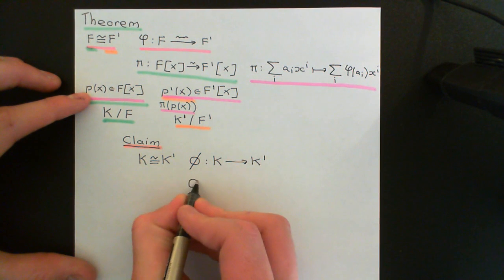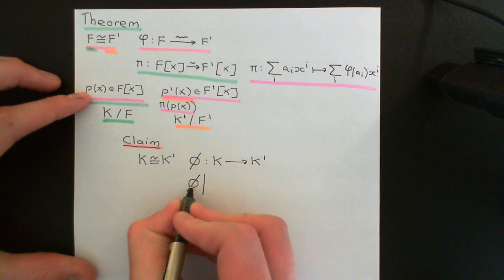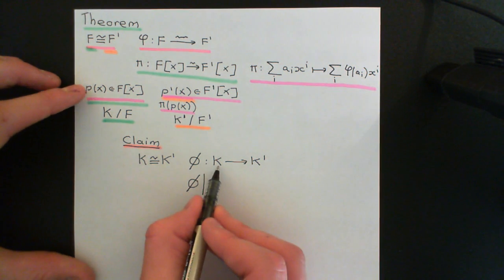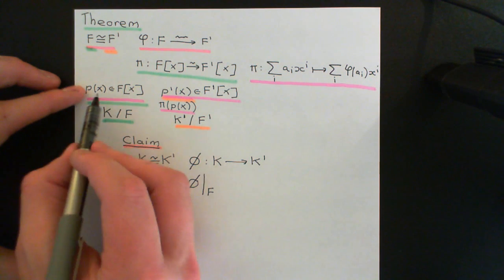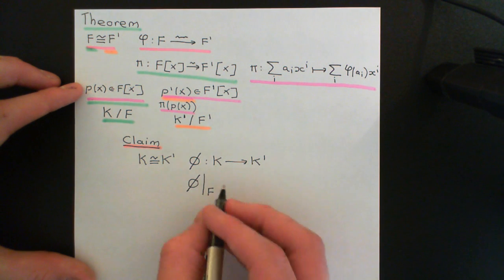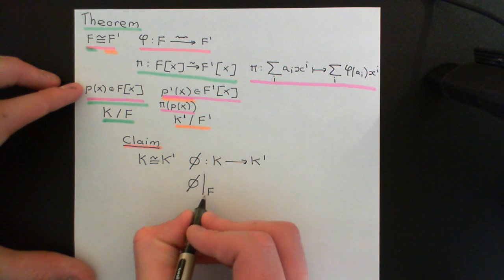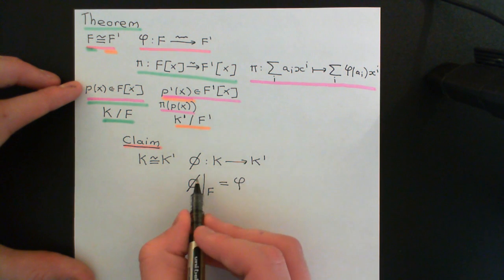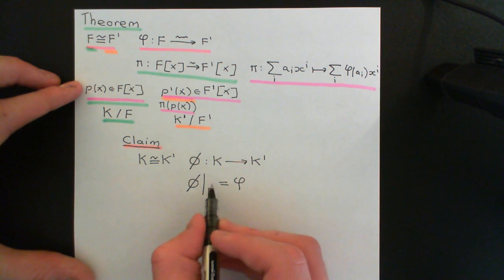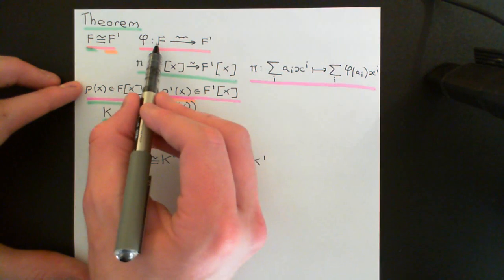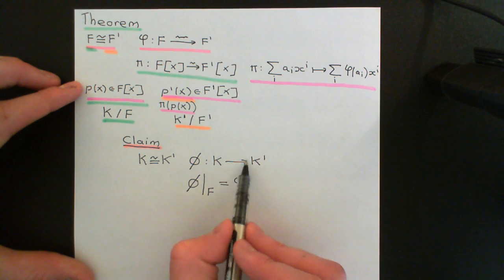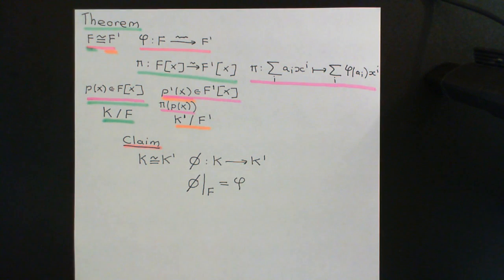Okay, and in particular, if I restrict this mapping Phi down to the field F, which of course is a subfield of capital K, K is the splitting field for p of x over F, so if I restrict capital Phi down to F, the mapping is exactly the same as little phi. So this isomorphism, when restricted down to F, is just the isomorphism phi from F to F prime, so of course F is a subfield of K and F prime is a subfield of K prime.